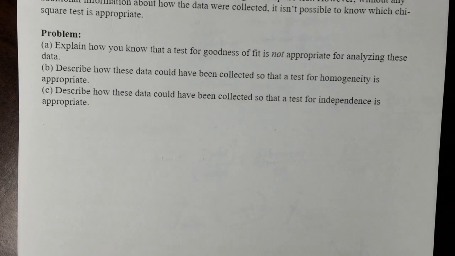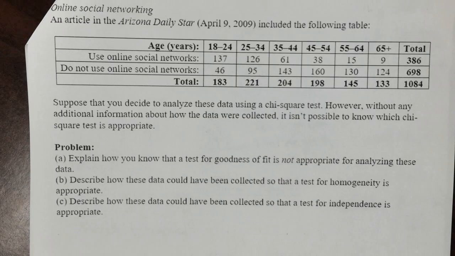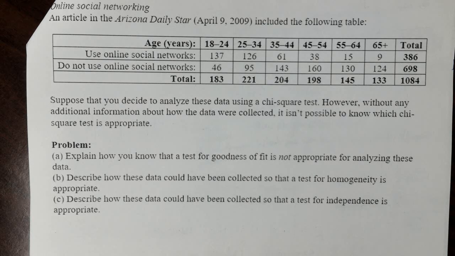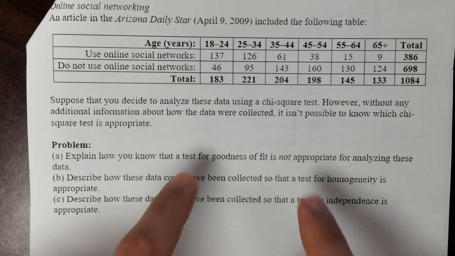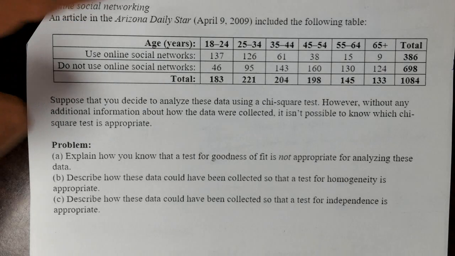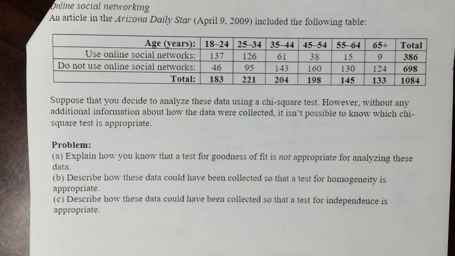And then lastly, here, we are not told how this data was collected. So, can we make an argument for the 3 different types of tests? First, look at the data. What are we working with? Online social networking. This is back in 2009.